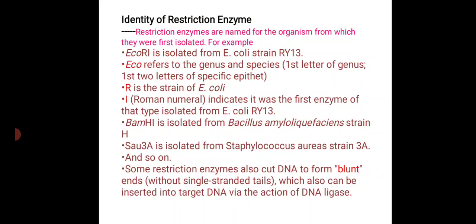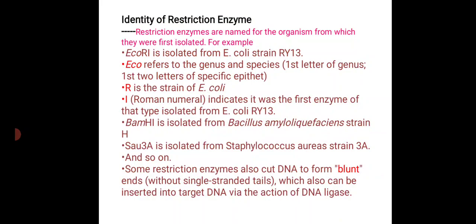Restriction enzymes are named for the organism from which they were first isolated. For example, EcoRI, with capital R and the Roman numeral I, is isolated from E. coli strain RY13. Eco refers to the genus and species: the first letter of the genus and the first two letters of the specific epithet. R is the strain of E. coli.